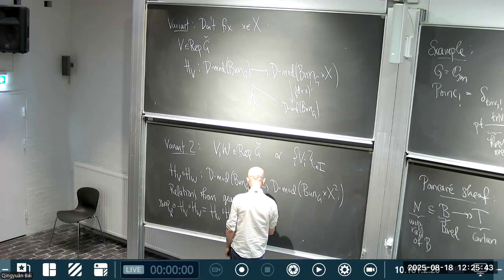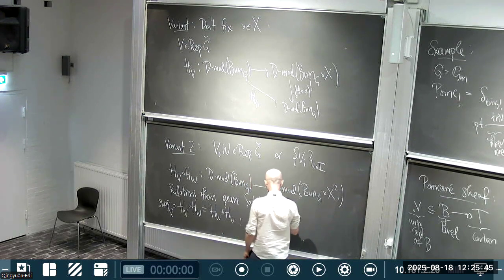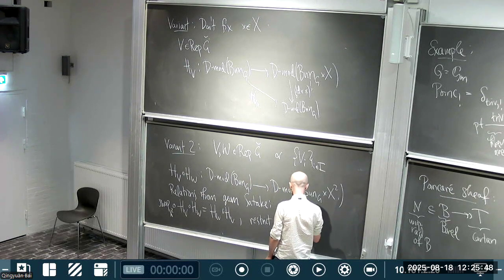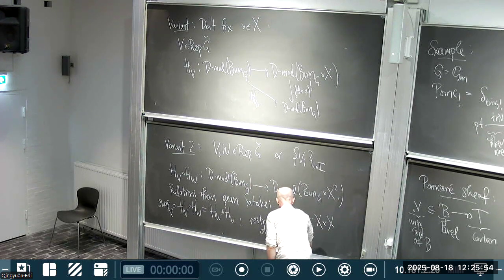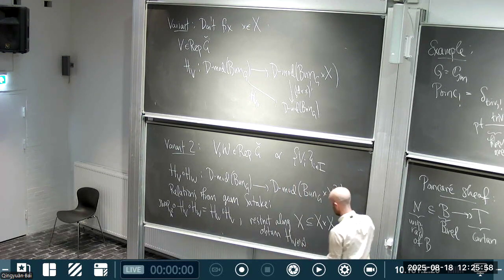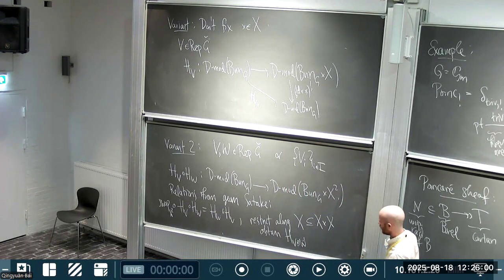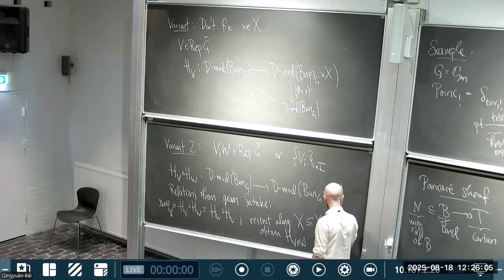Also, if you restrict along the diagonal map, then you obtain H of V tensor W. So if you restrict either of the functors, this is also compatible with the commutativity.